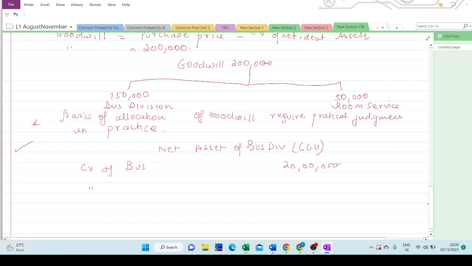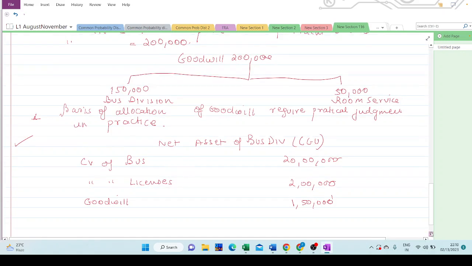Carrying value of licenses was 2 lakh. Now we'll also report goodwill. Goodwill is 1,50,000, right? Out of this 2 lakh total goodwill, 150 was allocated to the bus division, so we are reporting it as goodwill here.